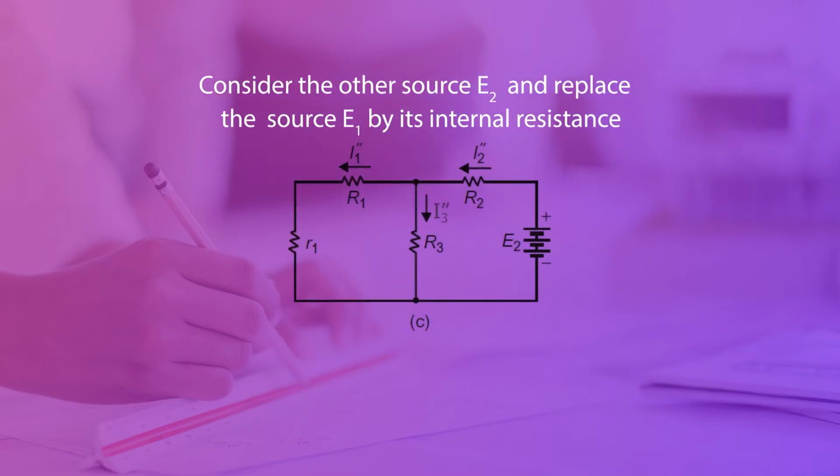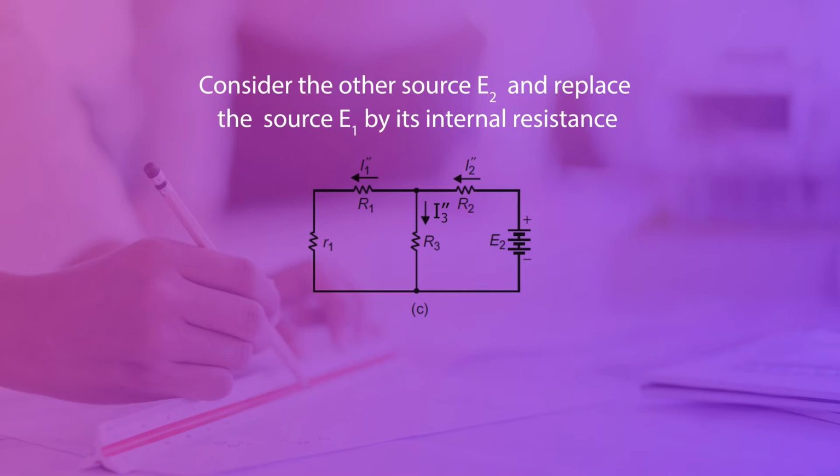The second step is to consider the other source E2 and replace the source E1 by its internal resistance R1, because this E1 voltage source has internal resistance R1. So this voltage source is replaced by its internal resistance, that is by R1.